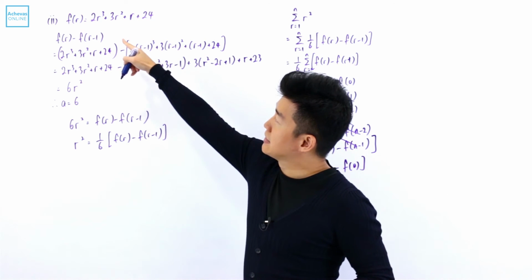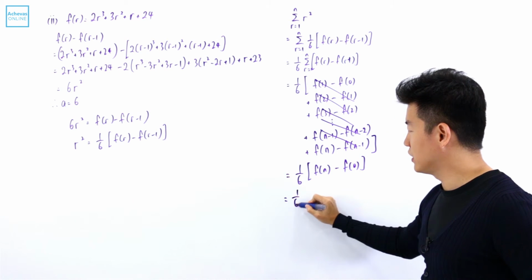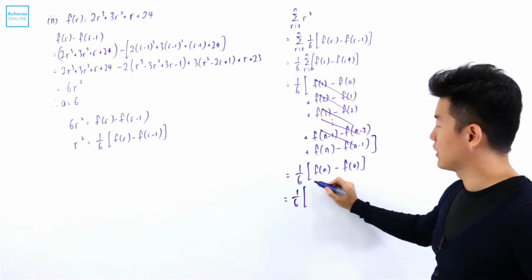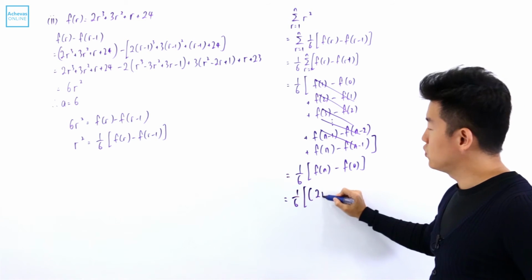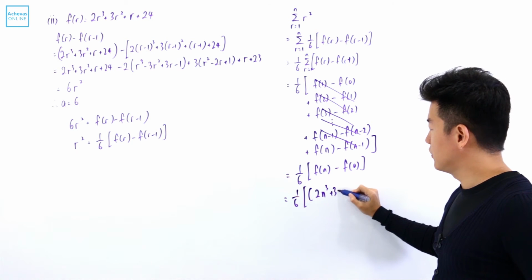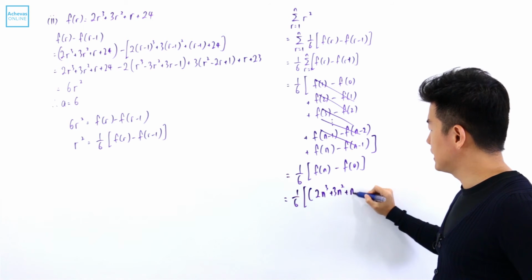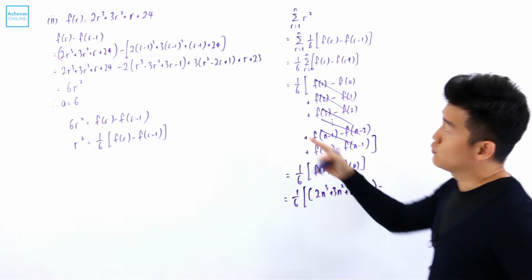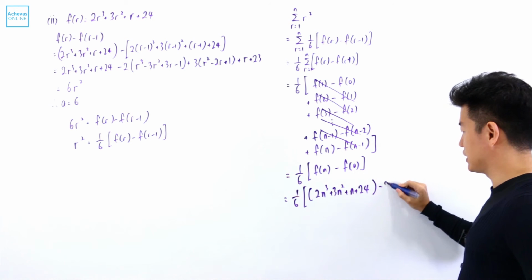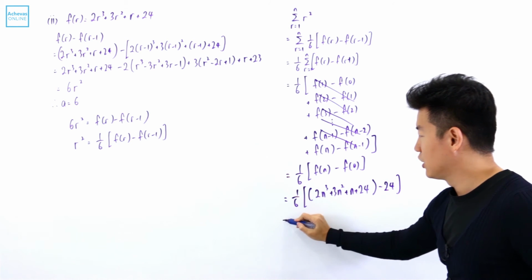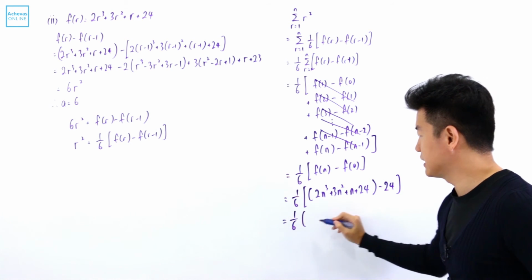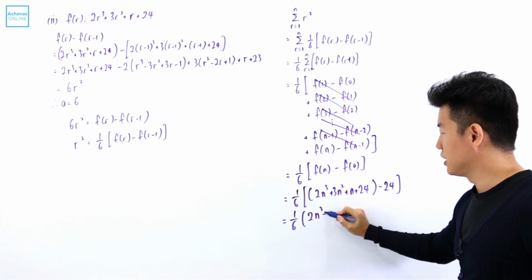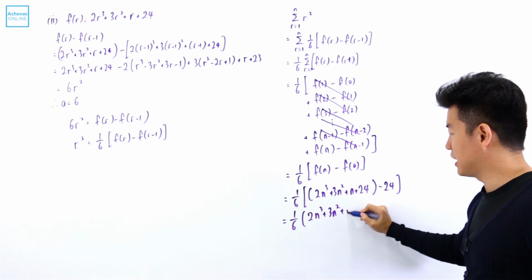Using that f(n), I can re-express it as 2n cubed plus 3n squared plus n plus 24. Then minus away f(0), replacing all the r by 0, it is just simply 24 here. This is 1 over 6, and what I have left with is 2n cubed plus 3n squared plus n.